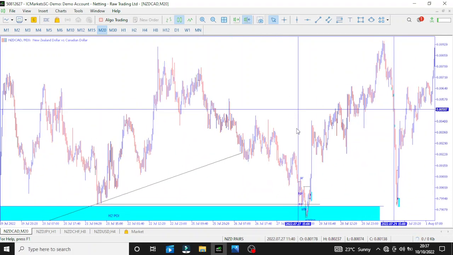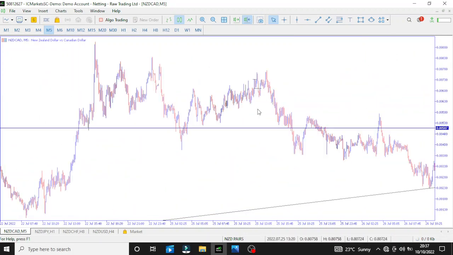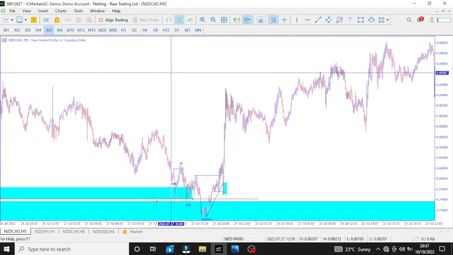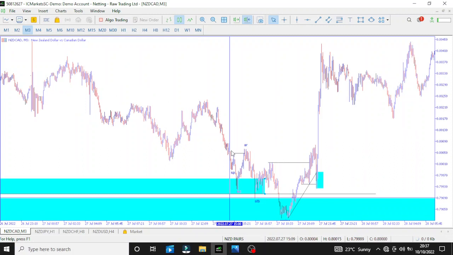And a lot of people, let me show you something. You see, guys, this break of structure. Remember, people are buying at this point because it's a lower high, a bullish structure, and they see this break of structure after mitigating this demand.